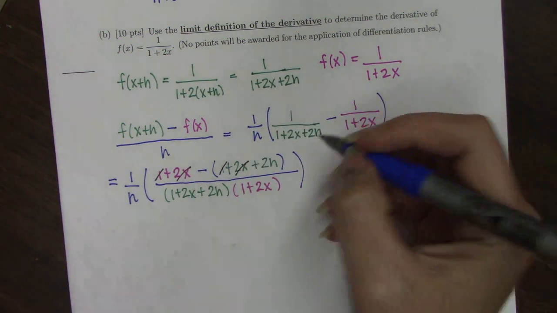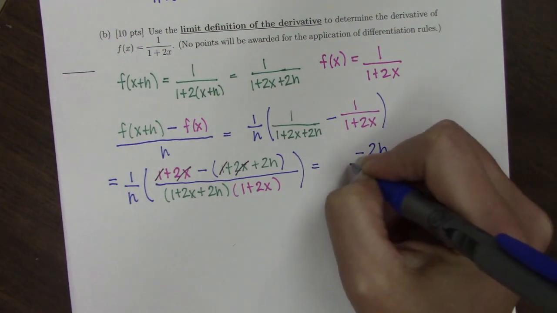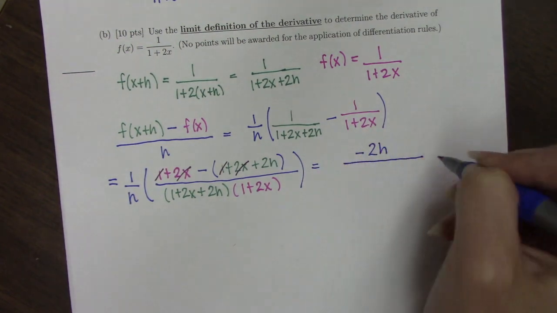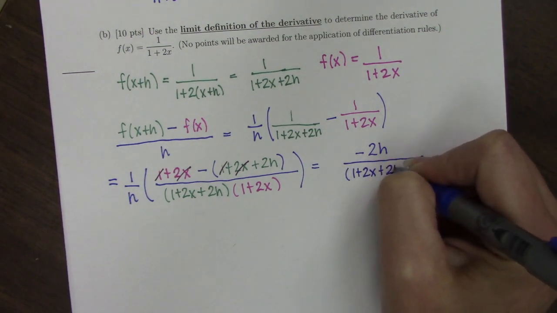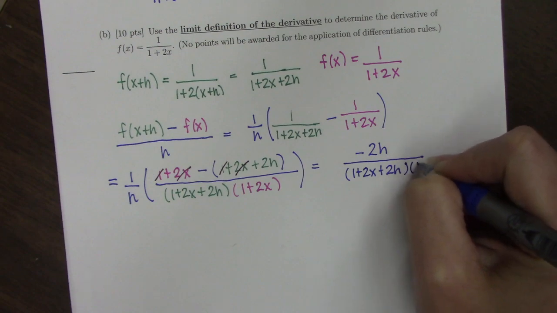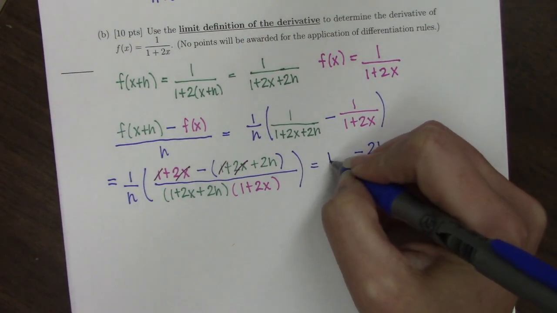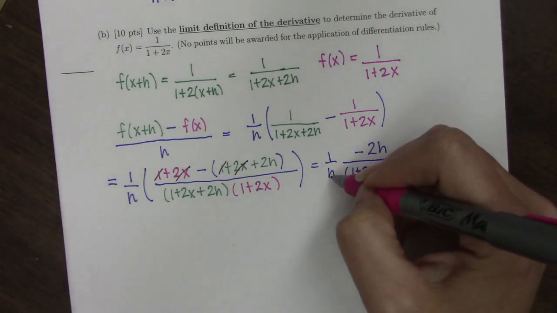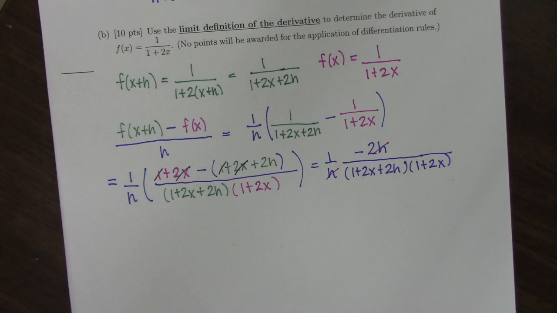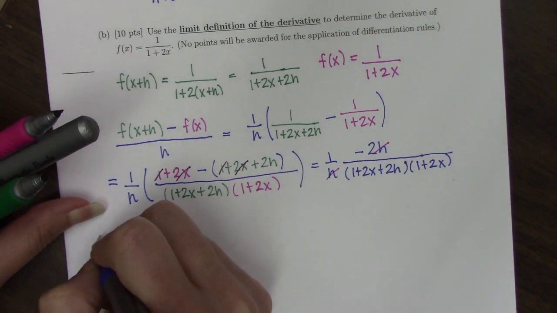All I'm left with is negative 2h in the numerator over 1 plus 2x plus 2h times 1 plus 2x, and all of that is still multiplied by 1 over h. Now my h's cancel, and once that h in the denominator is gone, I'm ready to set up my limit.